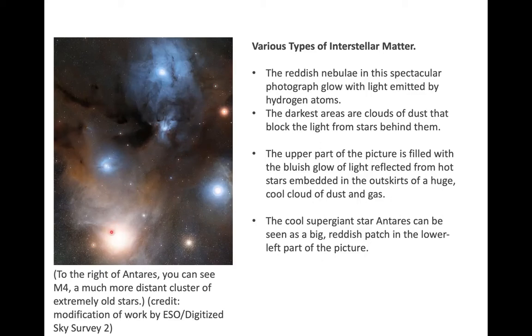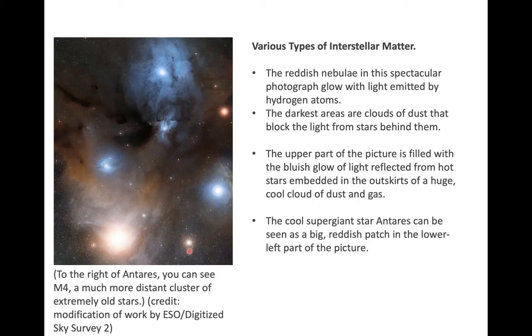And apart from those features, you can also see a star cluster right here on the lower right hand corner. This is in fact a star cluster, and this belongs to a type called globular clusters, right? There are two types of star clusters which we will talk about in next lectures, and one type is called globular clusters and the other one is called open clusters.